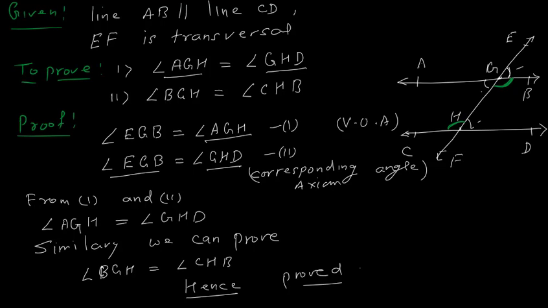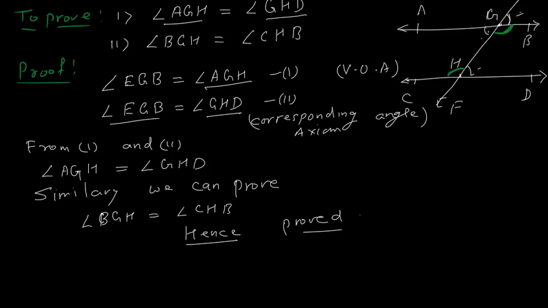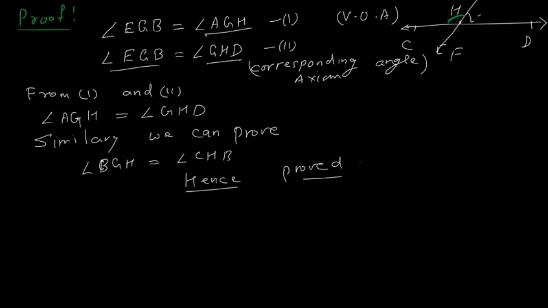So this angle is equal to this angle is equal to this angle. So finally I can say that these two angles are equal and they are alternate angles. So alternate angles are equal. In a similar manner we can prove that angle BGH is equal to angle CHG, right? So now we have the alternate angle theorem, which indicates that if two lines are parallel, then alternate angles are equal.